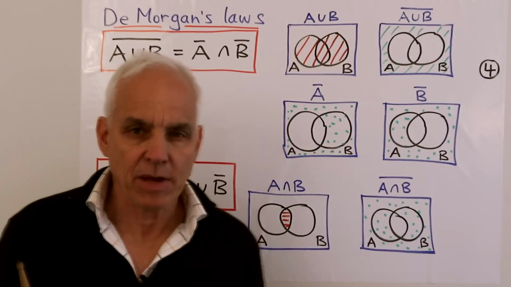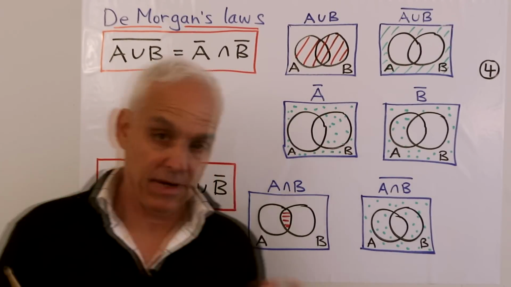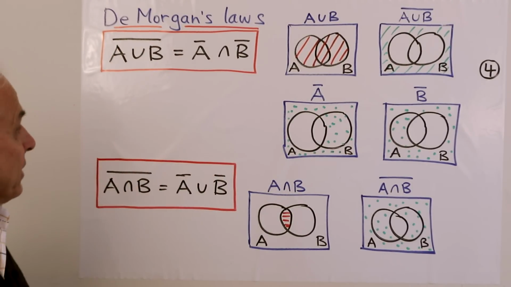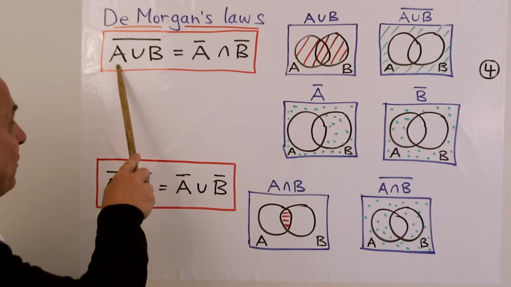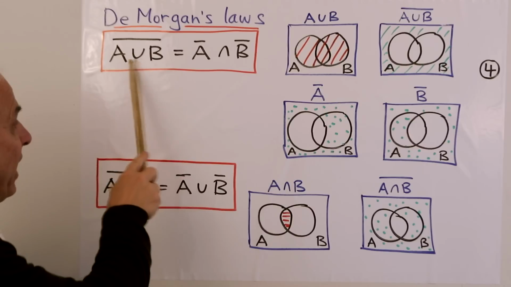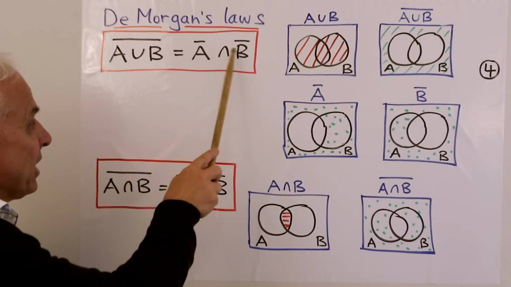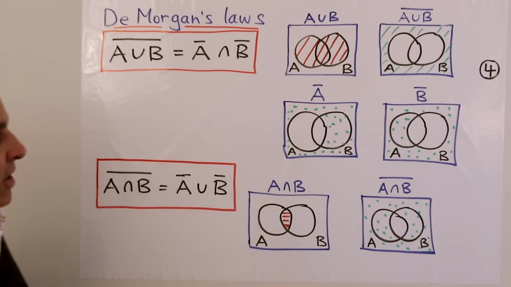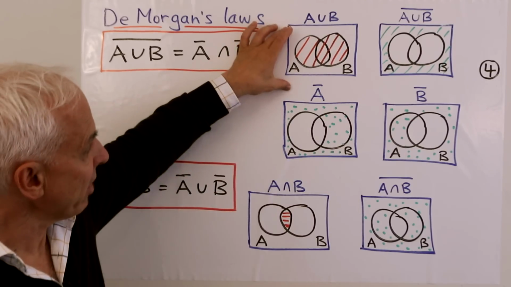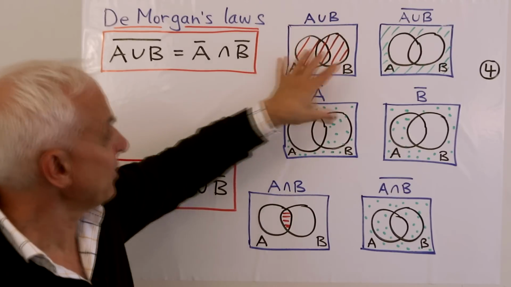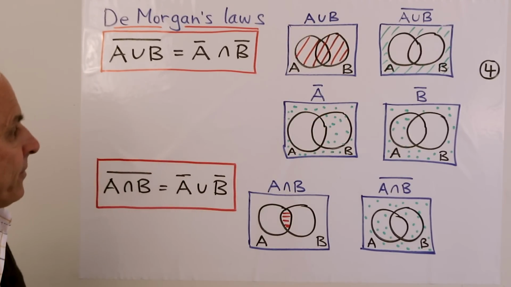So these Venn diagrams allow us to illustrate some basic laws. For example, De Morgan's laws. And here they are. The first one is that if you take the complement of A union B, that's the same as the complement of A intersect the complement of B. So let's illustrate that now with a Venn diagram only containing two sets A and B inside the universal set.